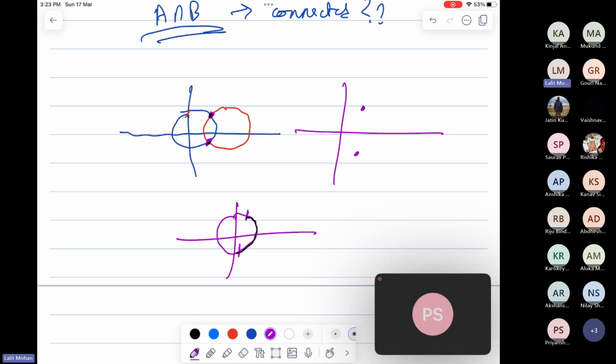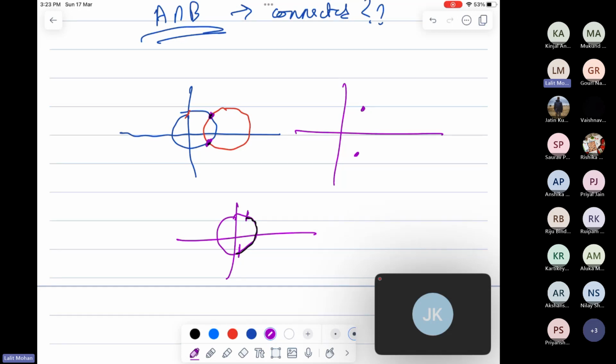Is there any path between them? No, there is no path. There are two distinct points, and you can't reach from one to the other using a path.